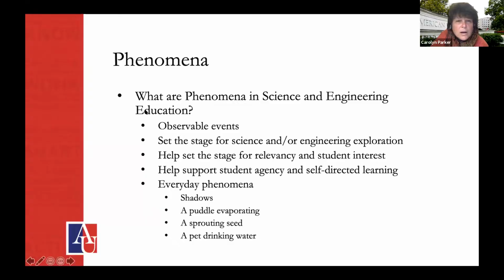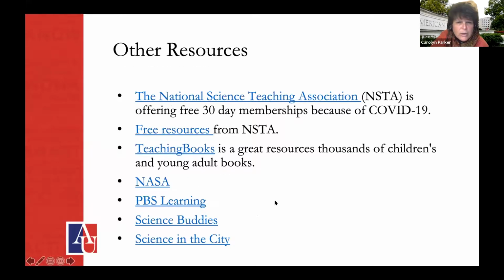I'm going to quickly share a few more resources that I culled together with our librarian, and we'll put these PowerPoints up so that people have access to them. But our AU librarian, Hannah Park, helped me curate some more resources really focused on teachers and things that you can take almost immediately into your classroom.